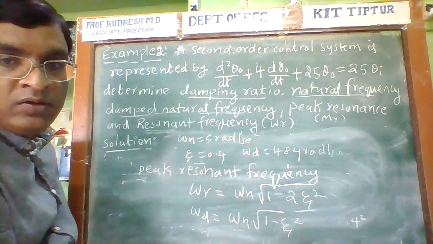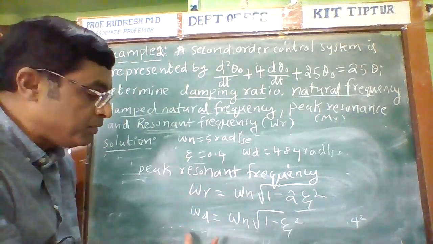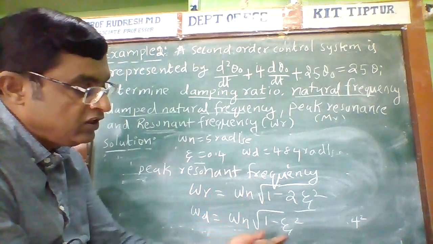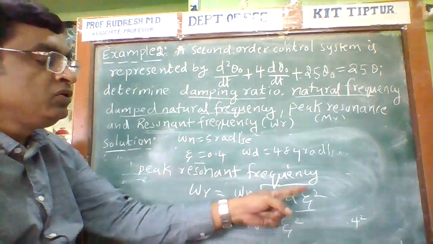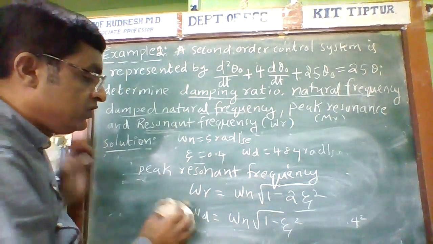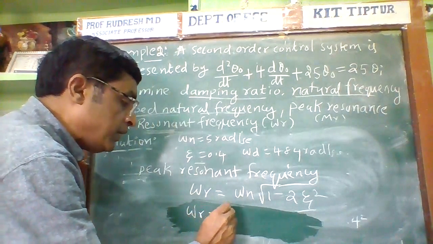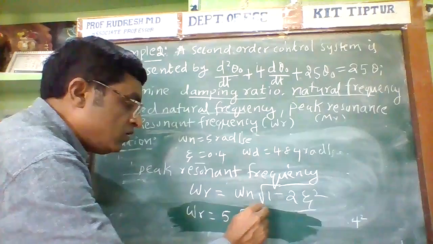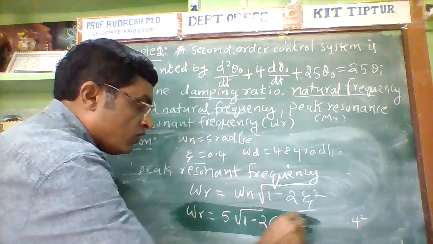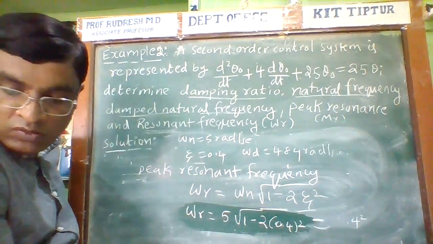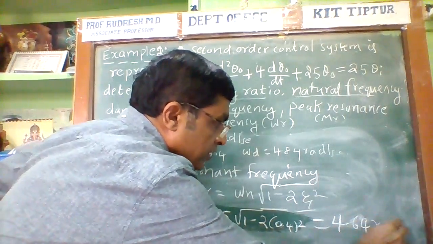This is the difference between this equation and omega d: the damped natural frequency has zeta square, while here we need 2 zeta square. Now substitute: omega r is equal to 5 into square root of 1 minus 2 into 0.4 square, which is 4.64 radians per second.